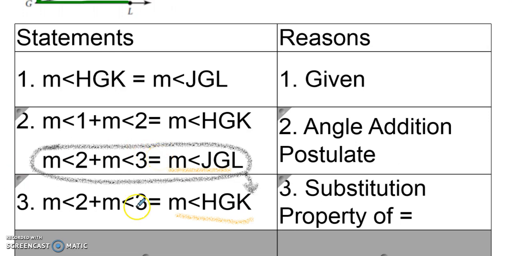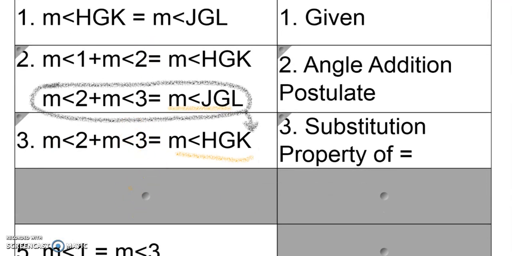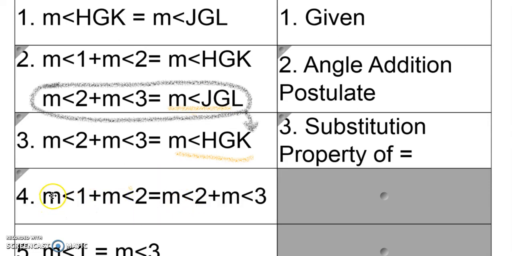So now that I've said HGK is equal to both of these equations, 1 plus 2 and 2 plus 3, I can put those together. So the next thing that I can say is that the measure of angle 1 plus the measure of angle 2 equals the measure of angle 2 plus the measure of angle 3.